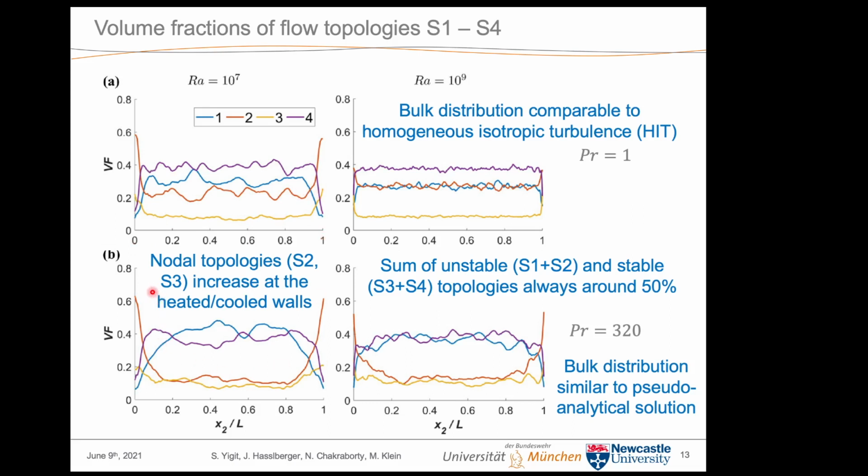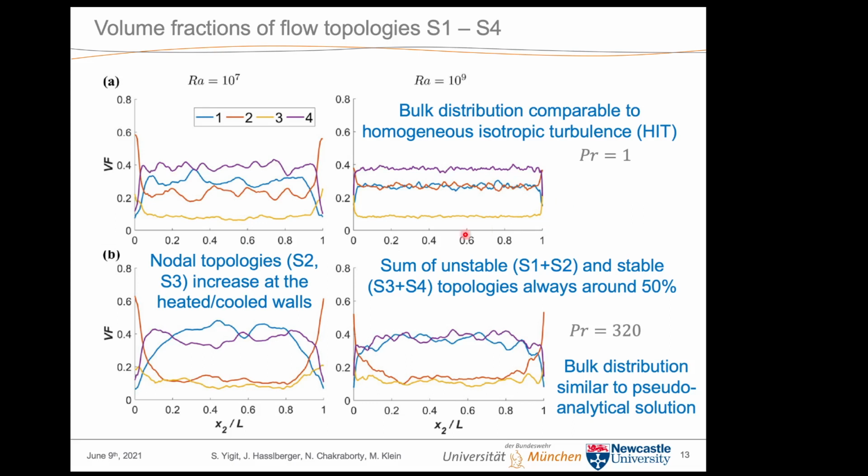The first one is that the nodal topologies are clearly increasing close to the active walls, of course, at the cost of the focal topologies. So the flow close to the wall is clearly strain dominated, not vortex dominated. Another thing is that when we study the highest Grashof number case with the strongest turbulence, then the distribution of those flow topologies is in agreement with what you would have in standard homogeneous isotropic turbulence.